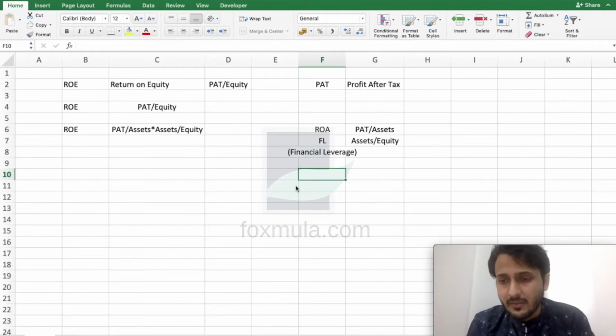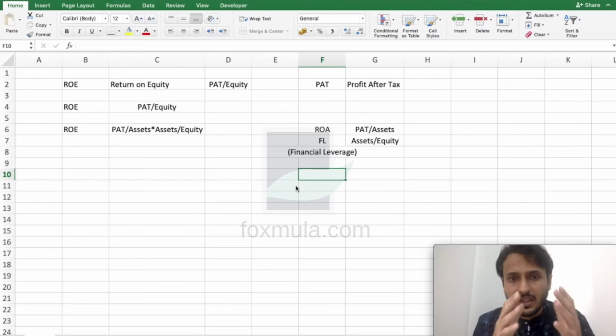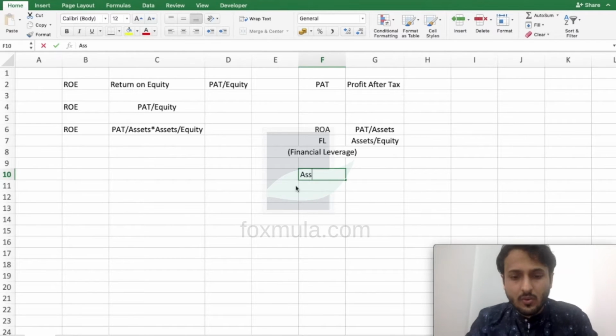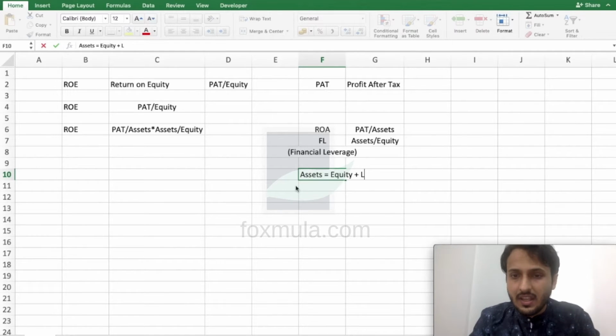Financial leverage, by its name, denotes that it is something related to leverage, that is, something related to debt. If debt is high, then financial leverage is going to be high. All of us know that the balance sheet equation is assets equal to equity plus liabilities.